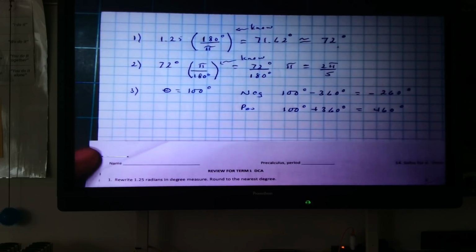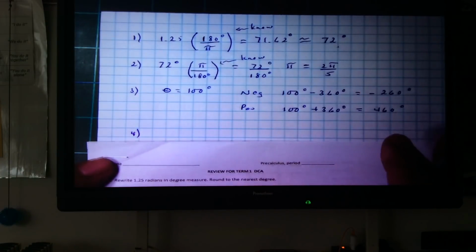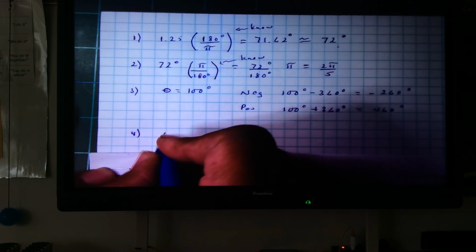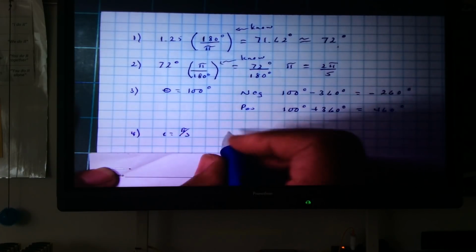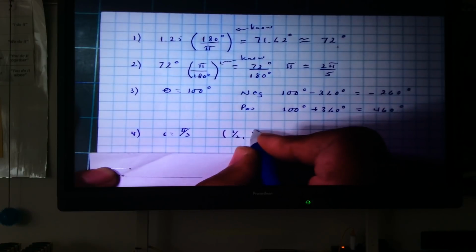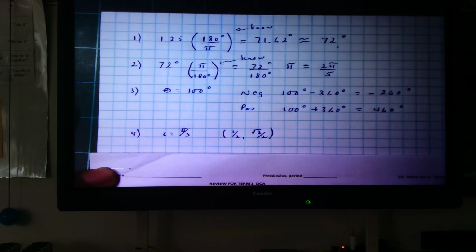Okay, number 4. Find the point xy on the unit circle that corresponds to the angle t equals pi over 3. So if you look at your cheat sheet, at pi over 3, x is going to be 1/2, and y will be the square root of 3 over 2. Okay?